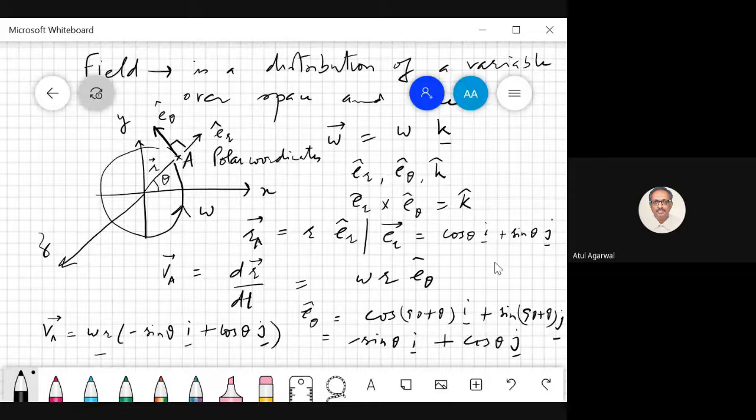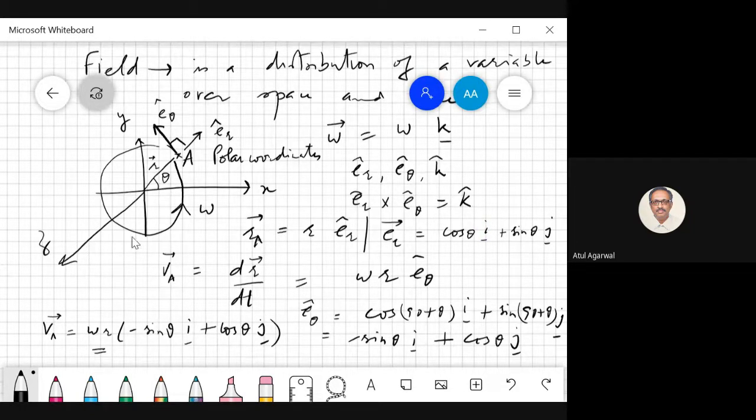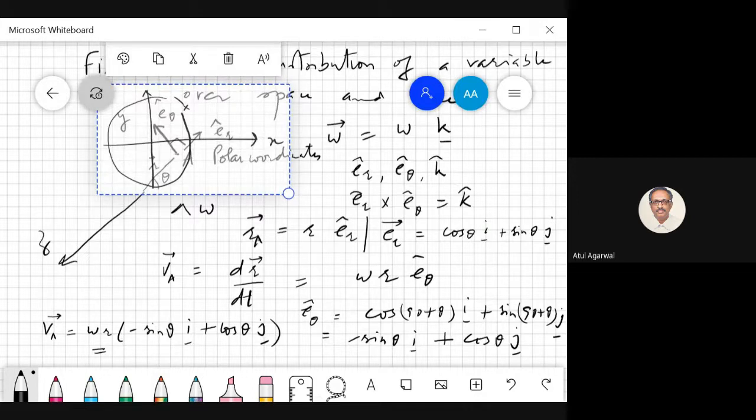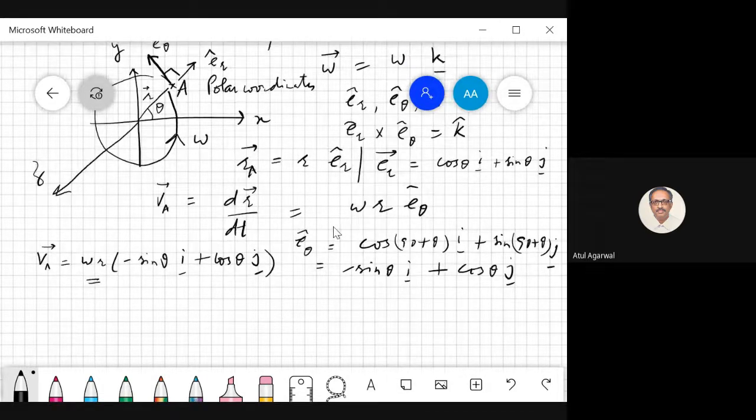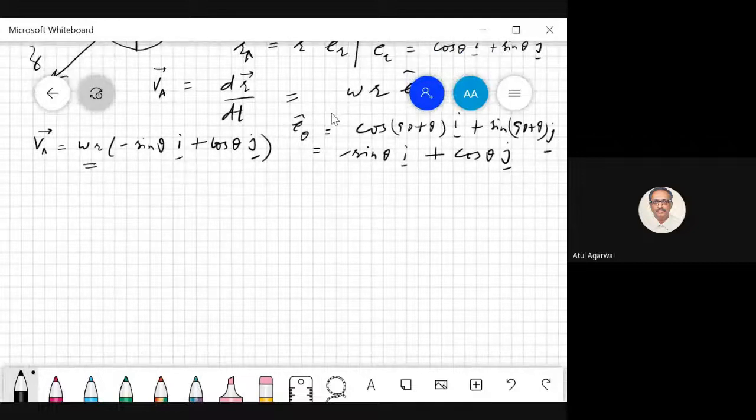So this becomes r sine theta is y, minus omega y i plus omega x j.